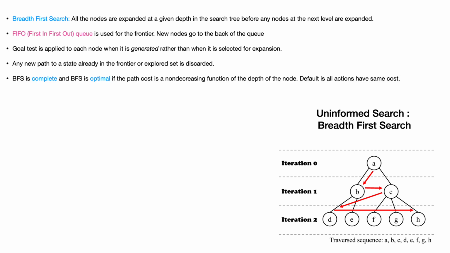It is a complete algorithm, and it generates an optimal path. So once you reach the goal node, there is no need to search for another path, because it is already guaranteed that it is optimal and complete.